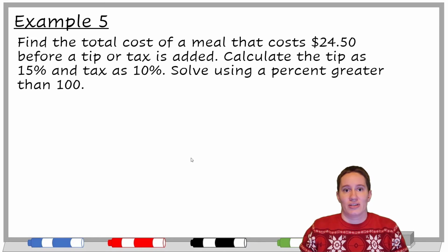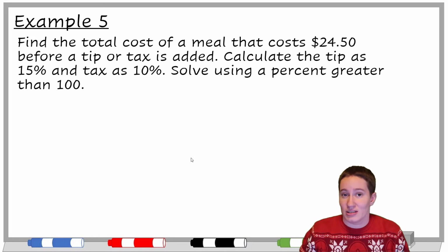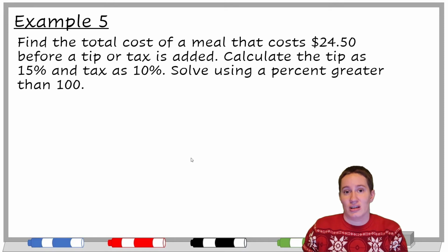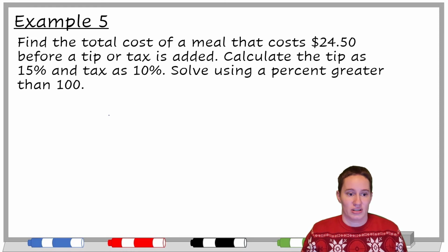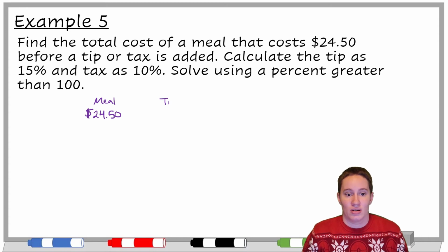But now we're going to learn that there is a little bit easier way to do it if we use the idea of percents greater than 100. Because in this situation, we've got a meal that's costing us $24.50. So that's the meal. But then we're going to calculate a tip, and we're going to calculate tax.